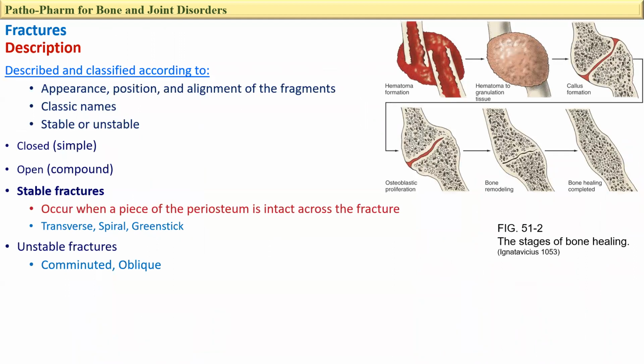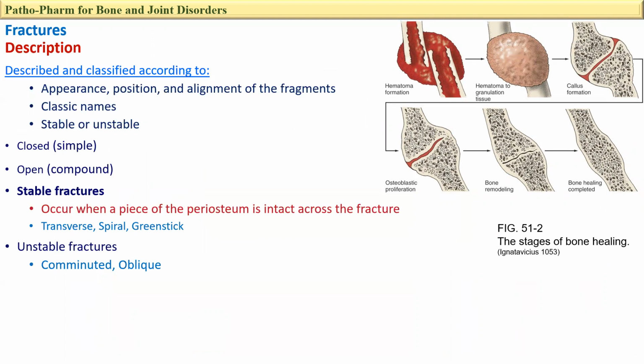So, description: we said there are different classification systems to classify fractures. Closed versus open, simple, compound, stable, unstable.